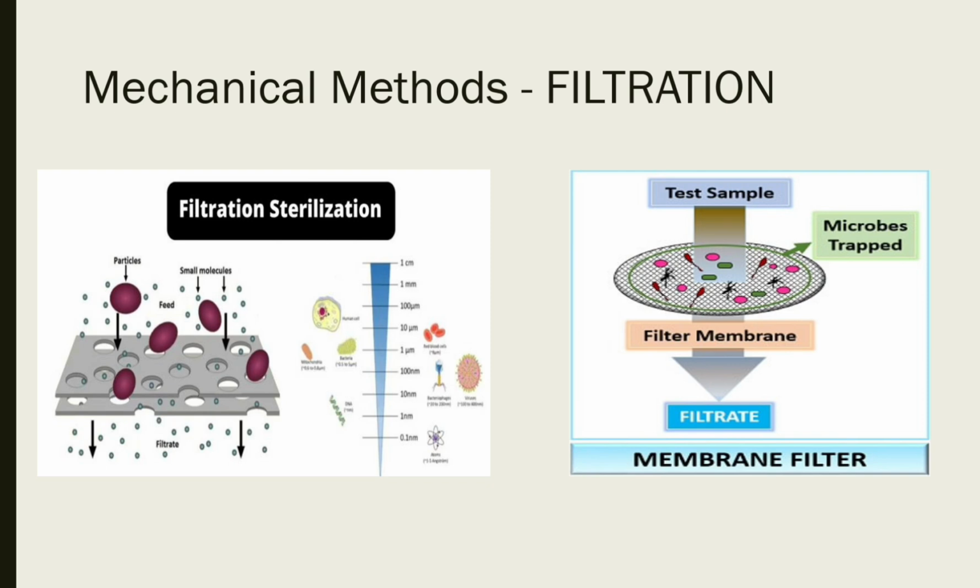In the second diagram you can see test samples are poured, or you can say filtered, through the filter membrane, or filter paper, and microbes are trapped on the filter paper so that sterilization can be done and the filtrate taken out contains no microorganism.